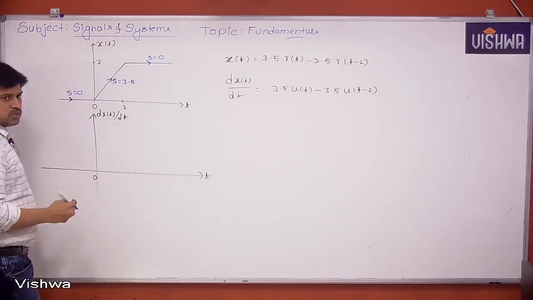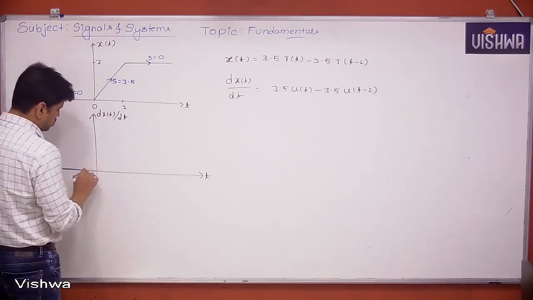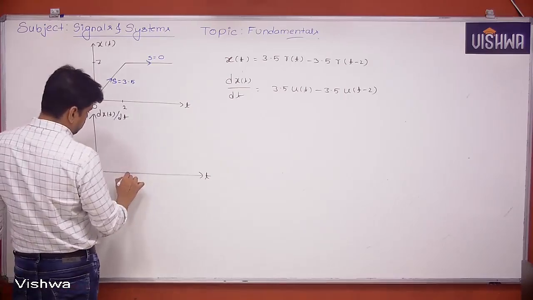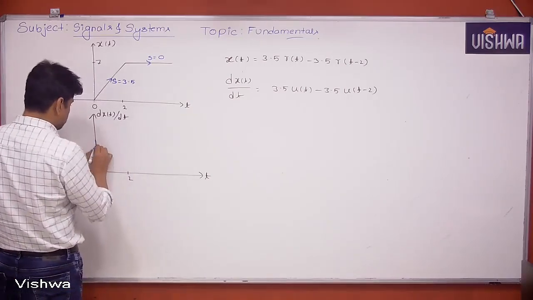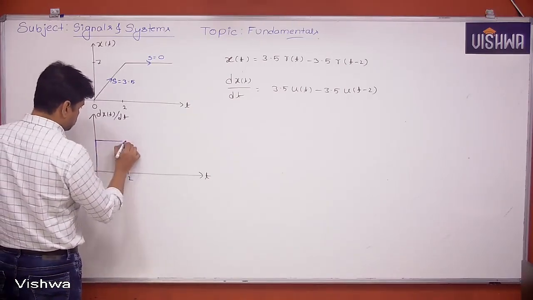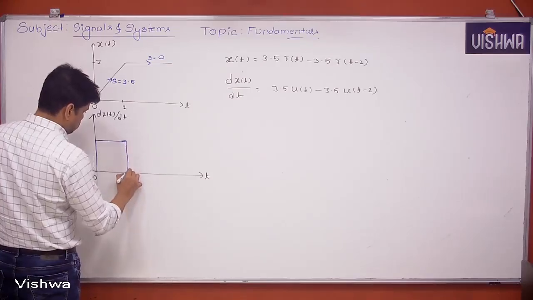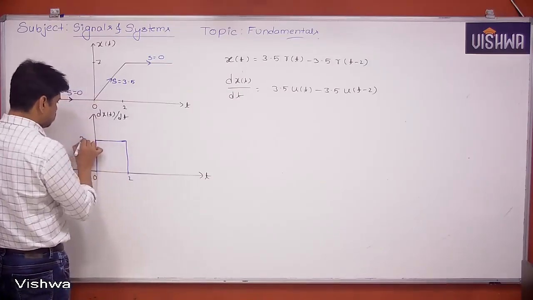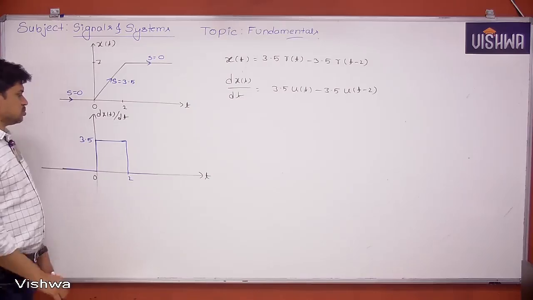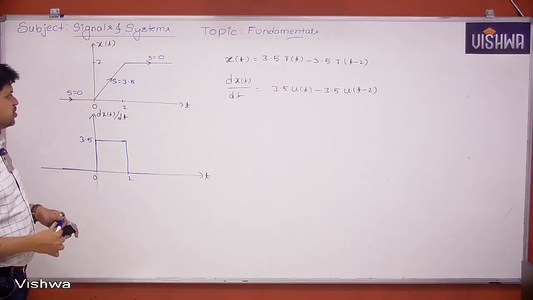So simply I told you we have to write the slope values. 0 slope up to 2, the slope is 3.5, then 0. That's what the dx of t by dt.